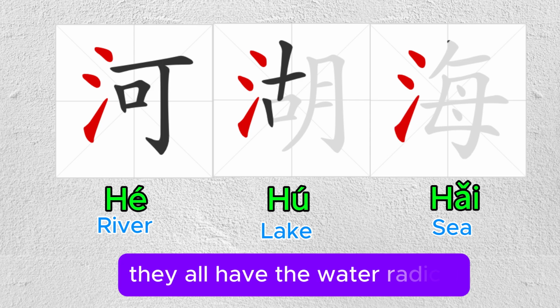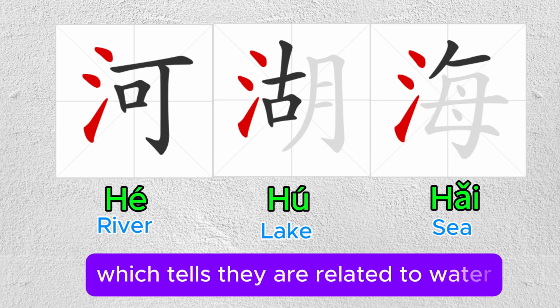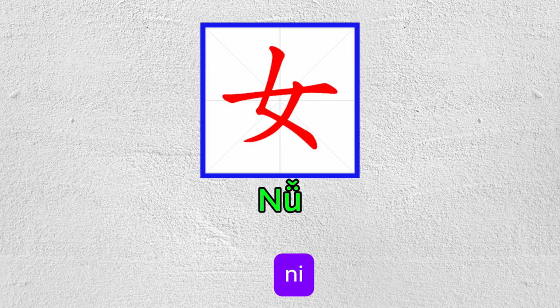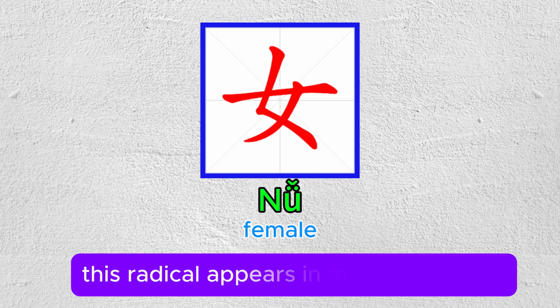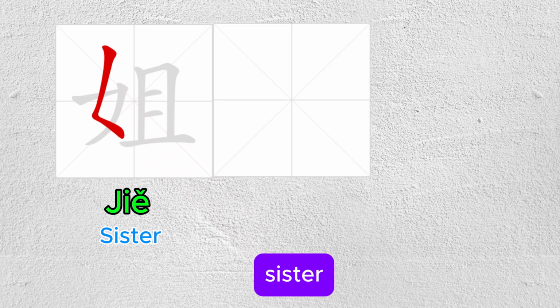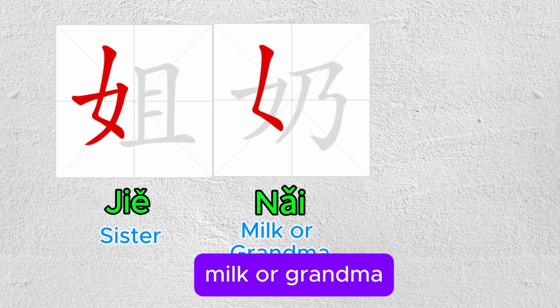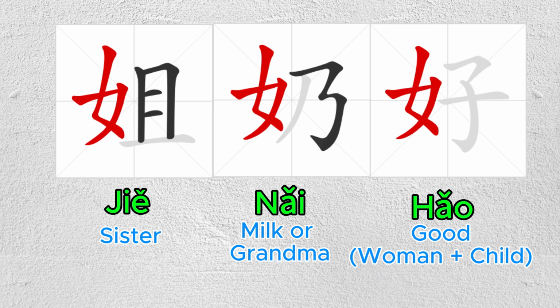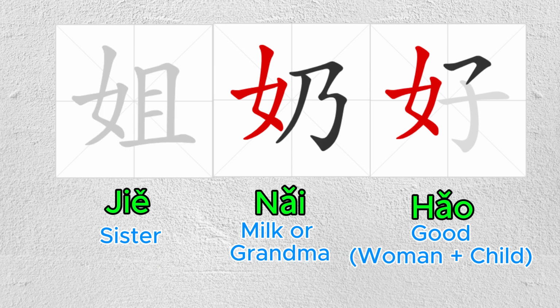They all have the water radical, which tells they are related to water. 女, Female. This radical appears in many words, like 姐, sister, 奶, milk or grandma, 好, good, woman plus child. The radical gives a clue.